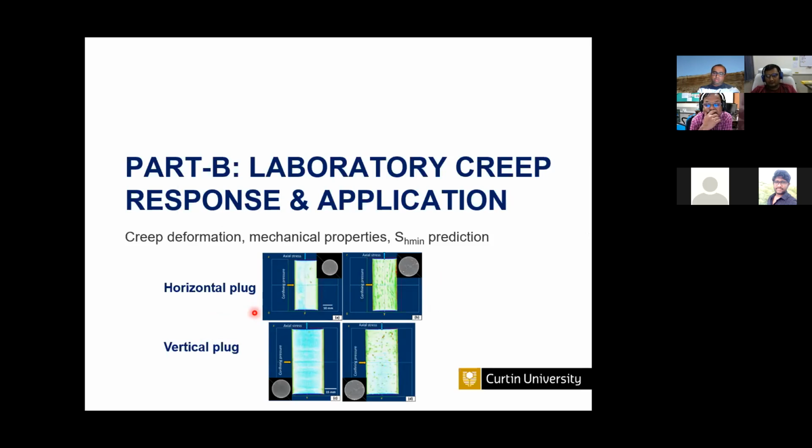This is to get creep in both the vertical and horizontal directions, so that the anisotropic nature of creep can also be observed. But again, these are all, in a given sample scenario, recreating a triaxial stress state.